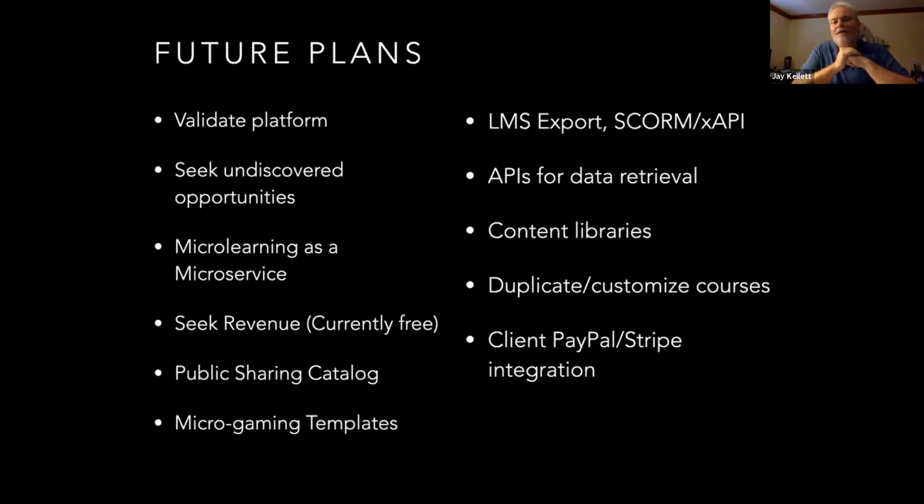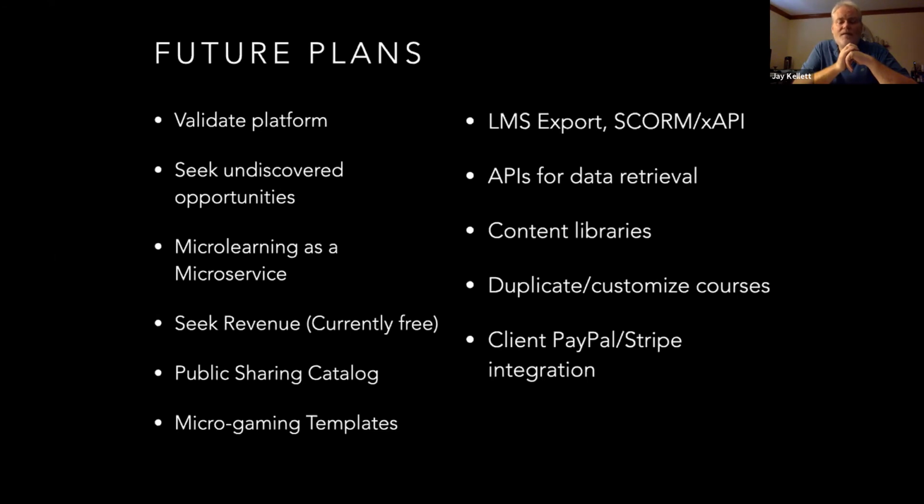Public sharing catalogs. Right now, when you create a portal, it's up to you to share that portal. You have control over that. I think there may be a use for people to create content using the tool and then put it somewhere public where people can find it, take it, and share it on the site.